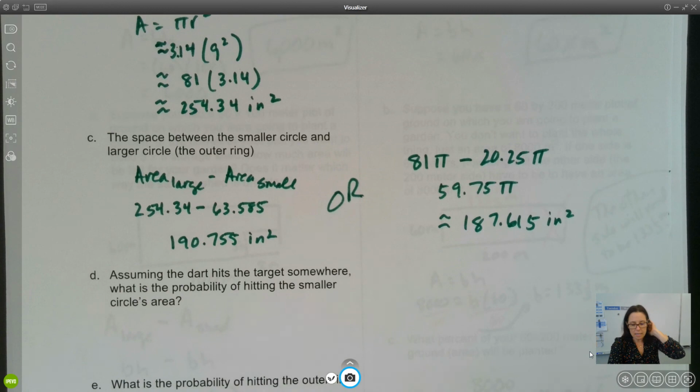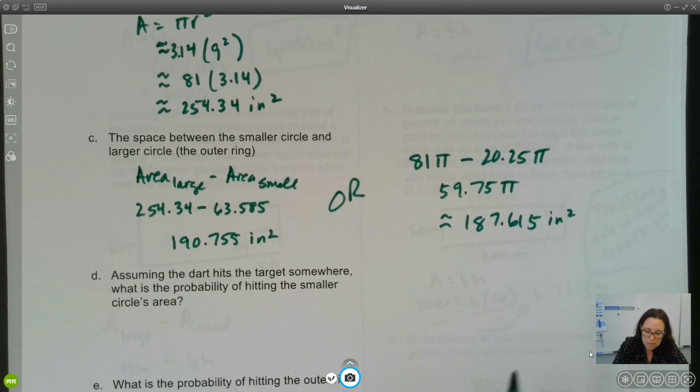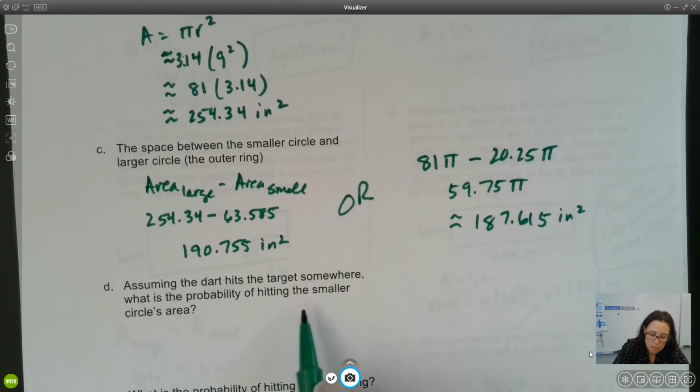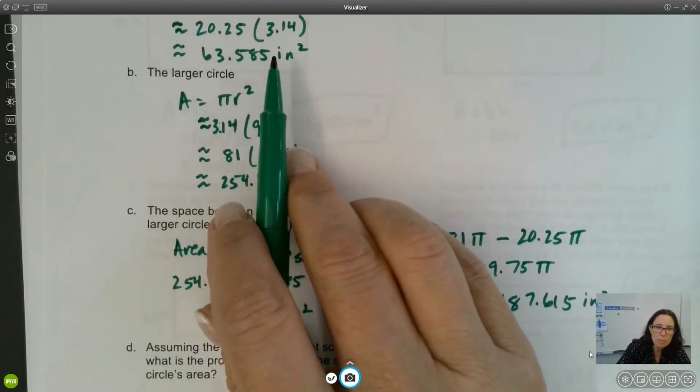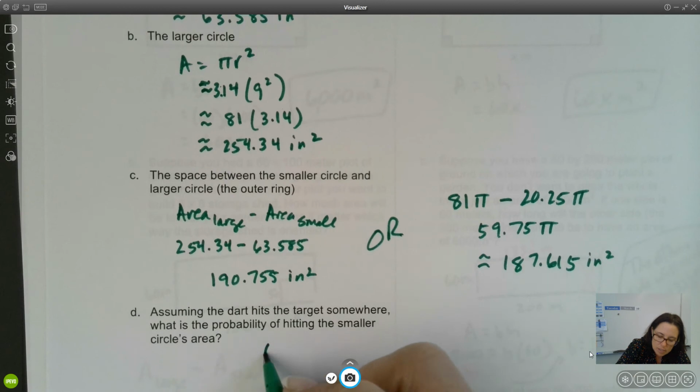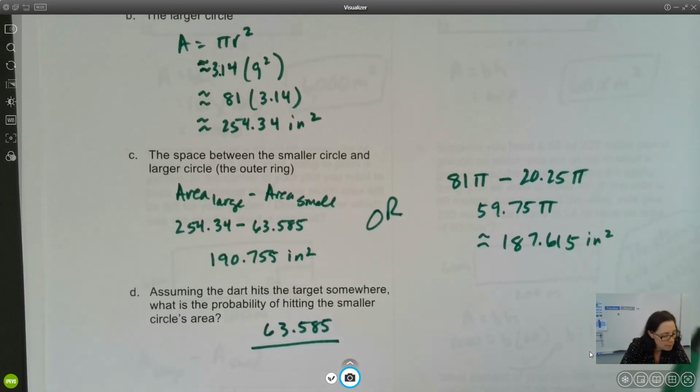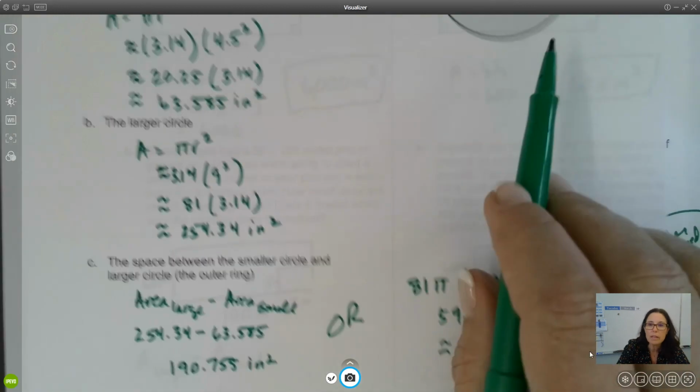Assuming the dart hits the target somewhere, what is the probability of hitting the smaller circle's area? Well, for the smaller circle's area from up here, we're going to take 63.585 and divide it by the area of the whole thing.